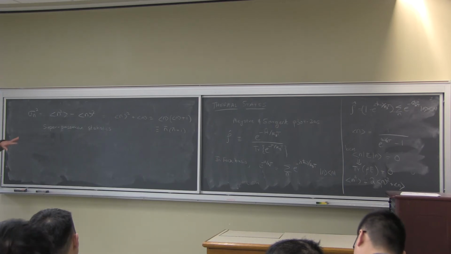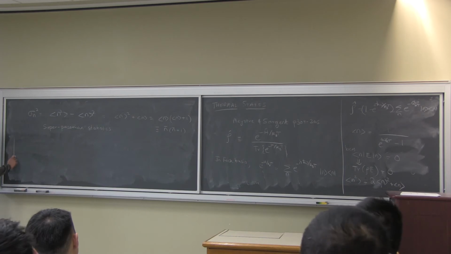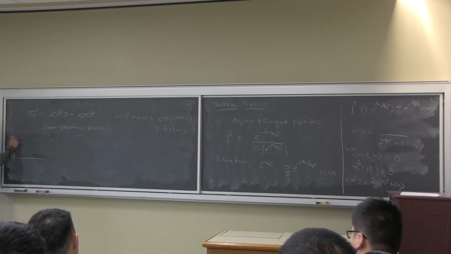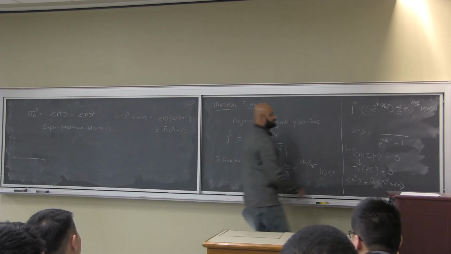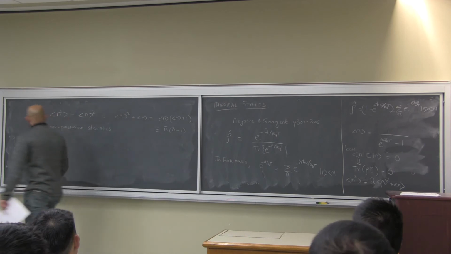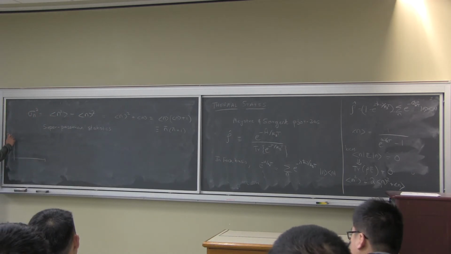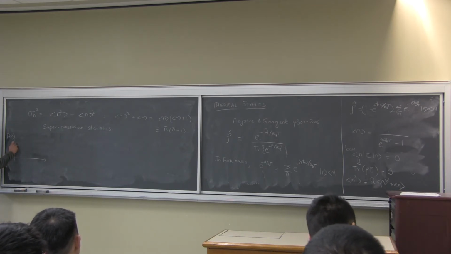Oh, by the way, I forgot to say this. If you look at the density matrix, the probability to be in any state n for a thermal distribution, you find that the thermal distribution is peaked around 0.